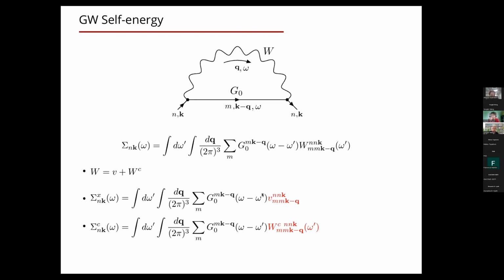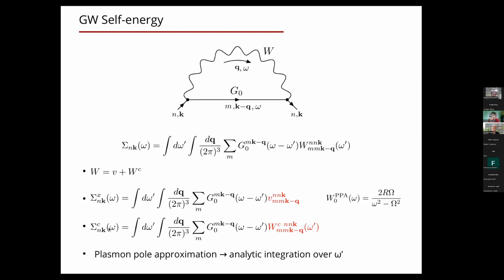As the Coulomb interaction is not energy dependent, the energy integral can be done analytically in the exchange part, while for the correlation part, in order to avoid the calculation of the screening at hundreds of energies, it is commonly employed the plasmon pole approximation.